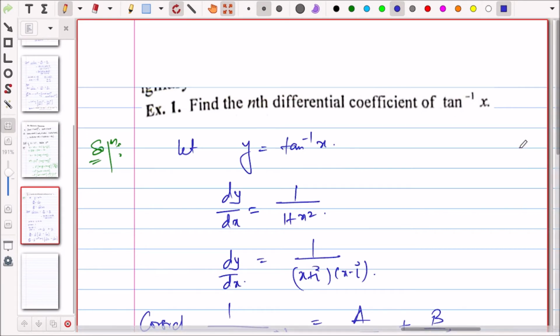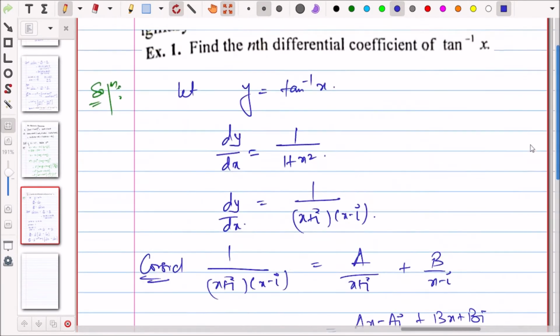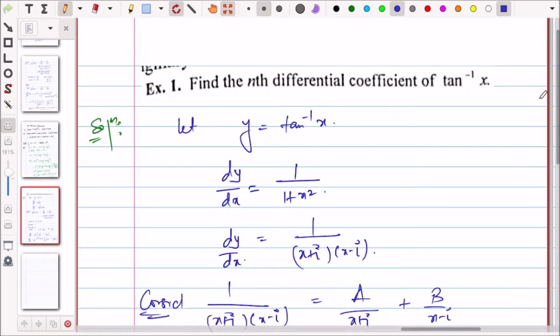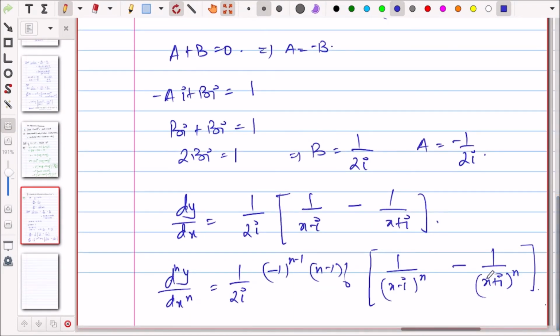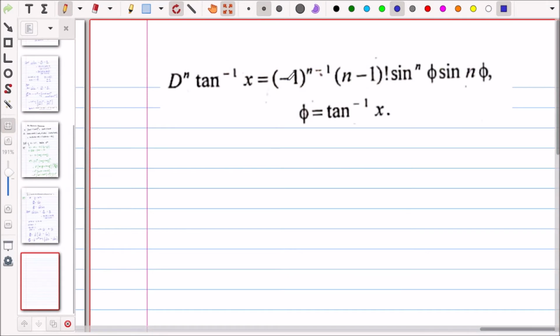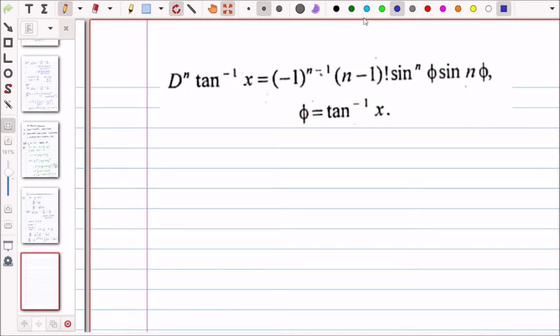Otherwise, you can stop here. If they just ask you to find the nth differential coefficient of tan inverse x, then you can simply stop here because this is also one of the forms. But when they ask you to prove this form, then you will have to proceed further.